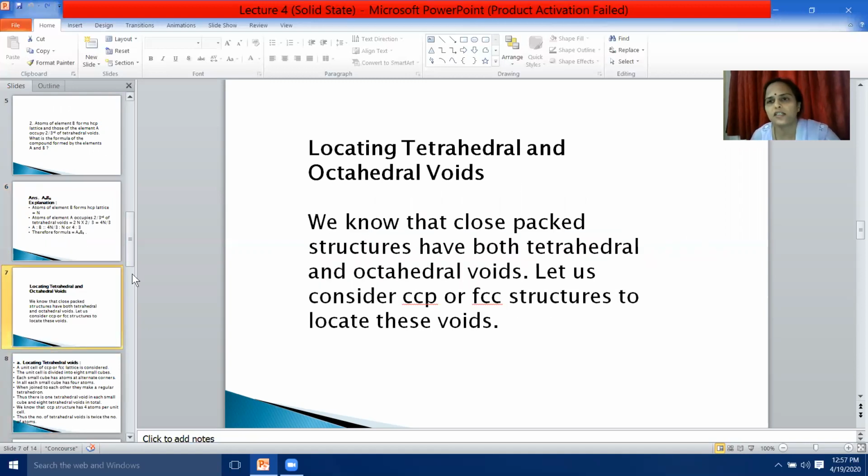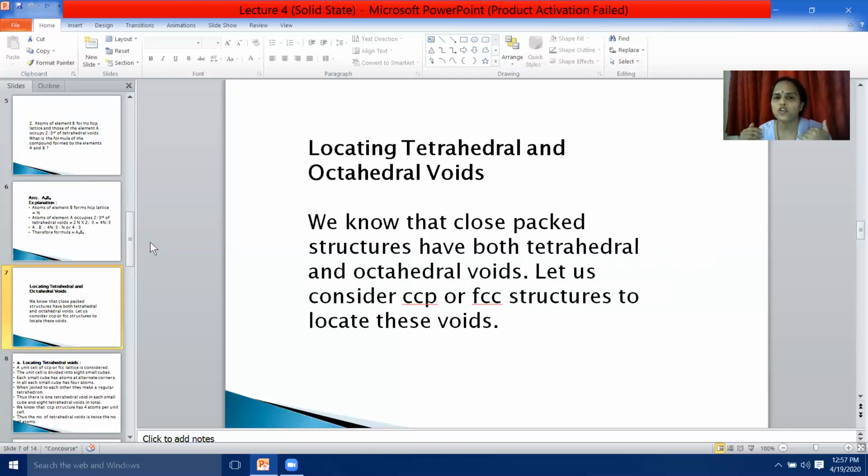First, let us see locating tetrahedral and octahedral voids. Time and again I'm telling you that if the number of closed pack structures is equal to n, then the number of octahedral voids that are generated is also equal to n, and the number of tetrahedral voids will be double, that is, equal to 2n.